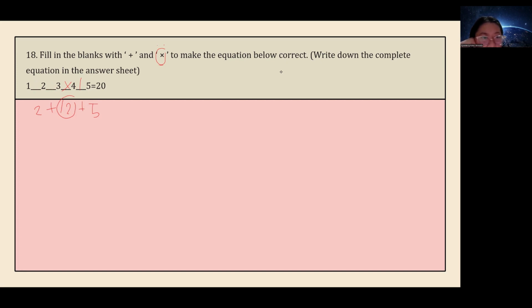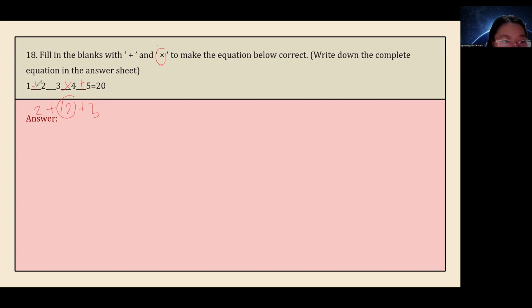Okay. Of course, we will surely need to add 5 for this one. Okay? So, can we see now the answer? Okay, so we will not multiply, but we will just add all of these numbers up.